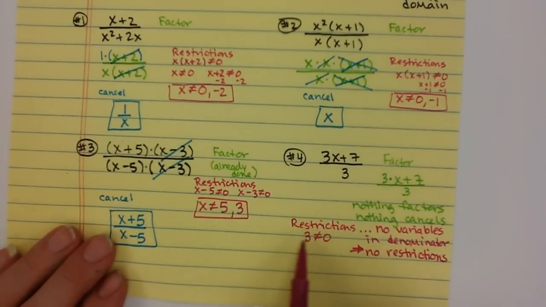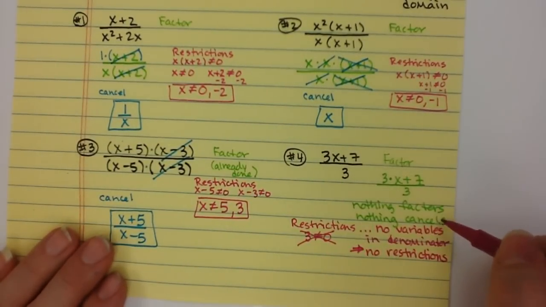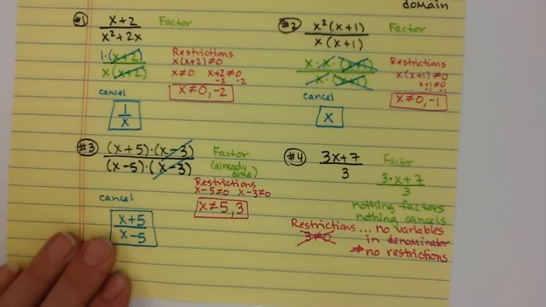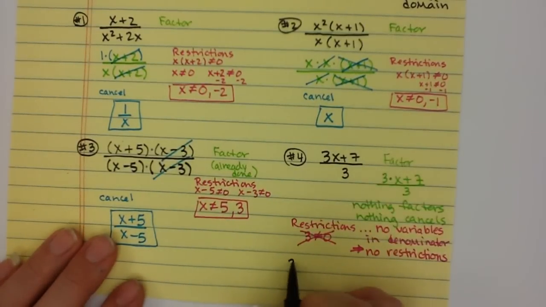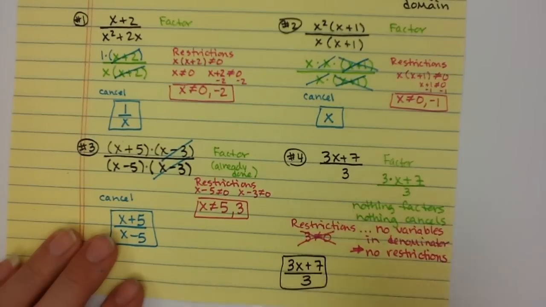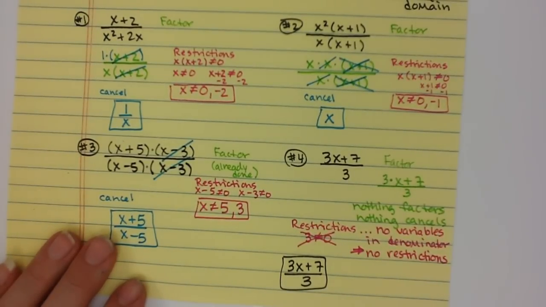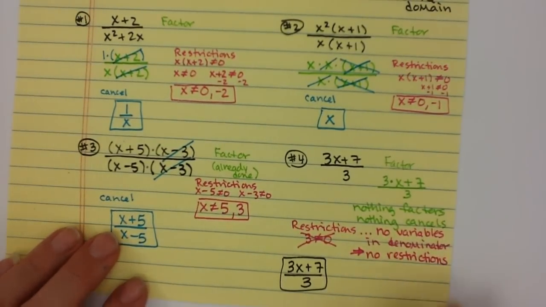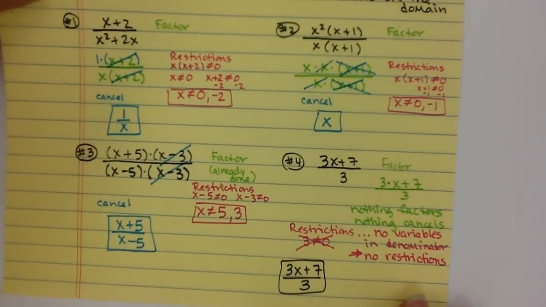So 3 cannot equal 0 doesn't even make sense. We ignore it. If there's no variables in the denominator, there are no restrictions. We've already said nothing cancels, nothing factors, so the answer to this question is just 3x plus 7 over 3 because nothing else can be done. Okay, we've got 4 examples down, 4 examples to go.